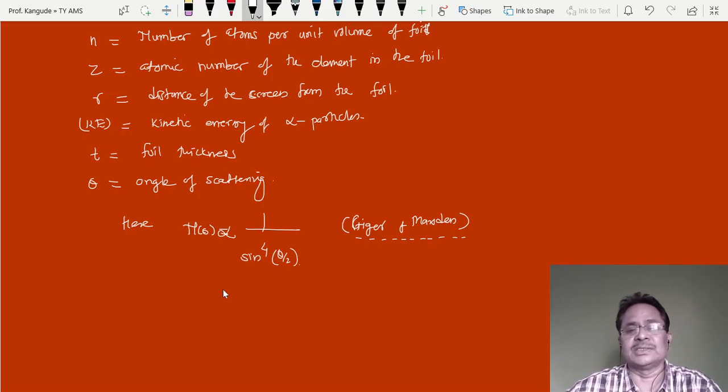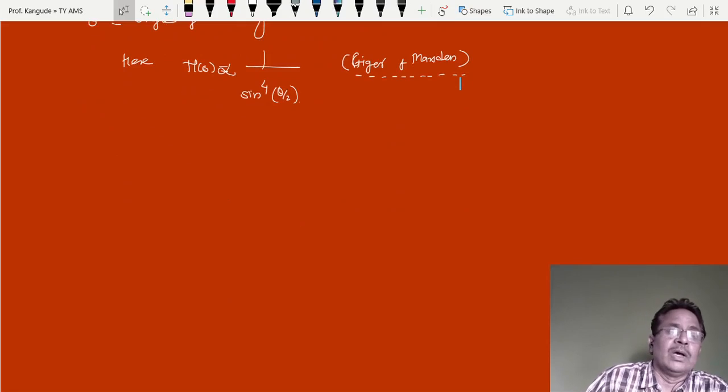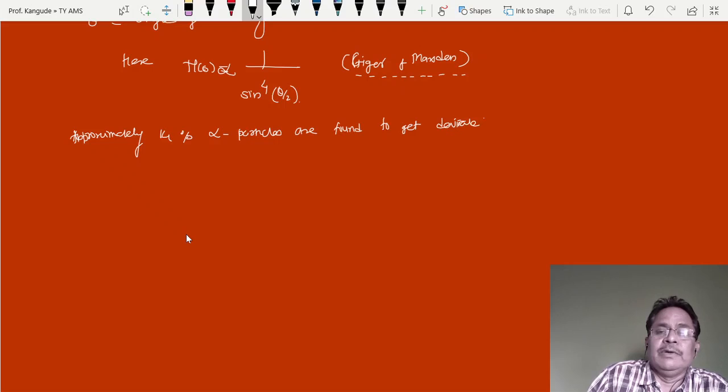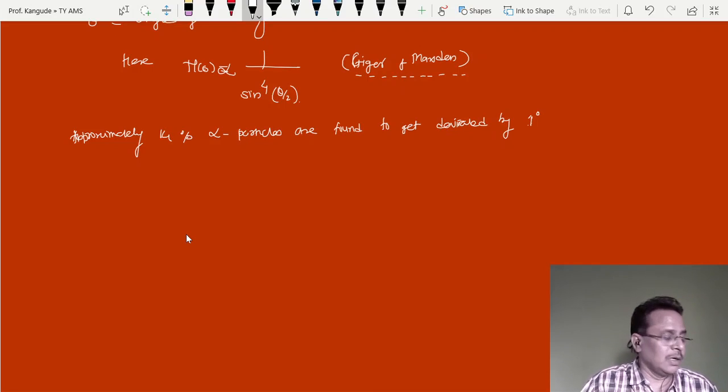Okay, so we can write this statement again as follows. Approximately 14% alpha particles are found to get deviated or scattered by more than 1 degree, and if it is less than that, it almost goes straight.